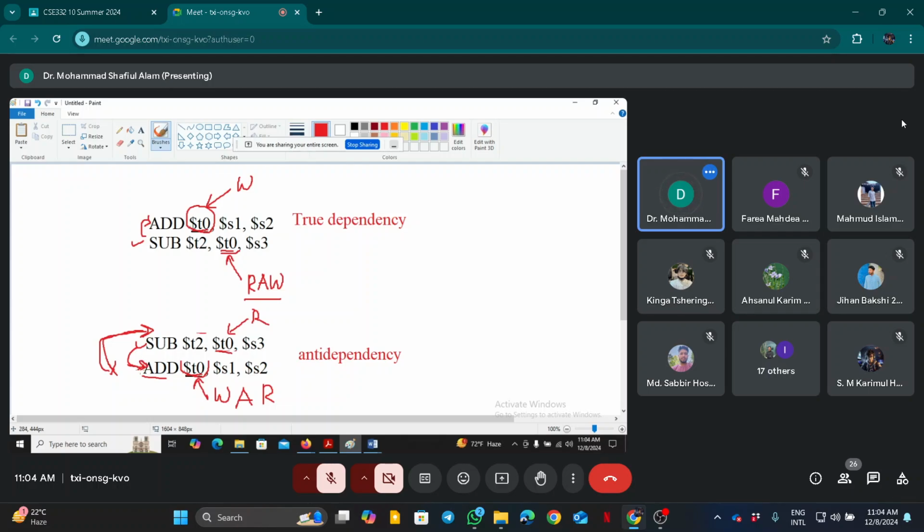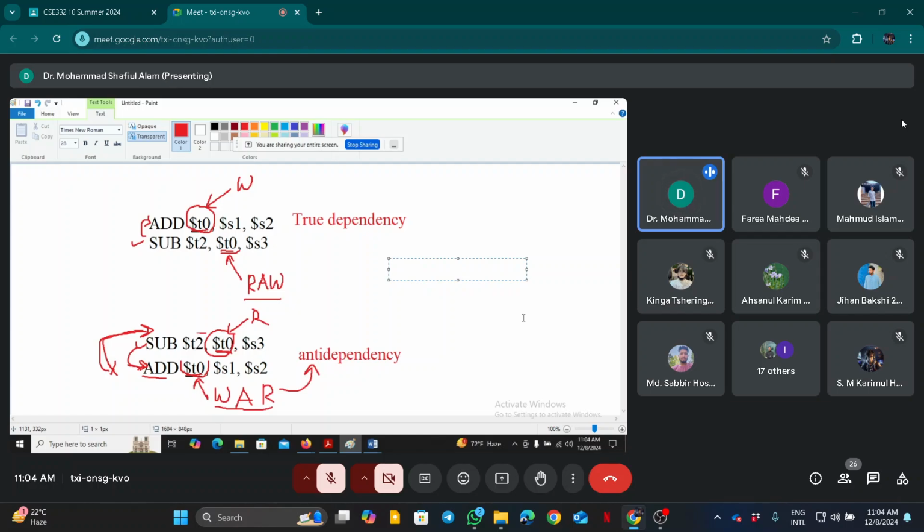If a register or memory location is used in consecutive instructions, it is read first, followed by write. So this is another name for this dependency. We call it write after read.